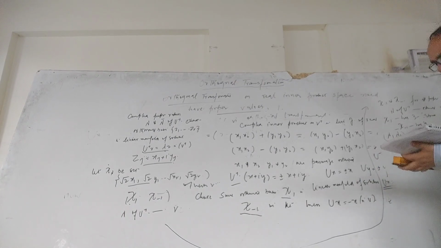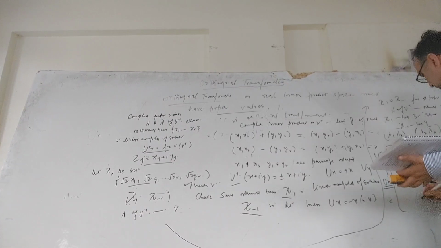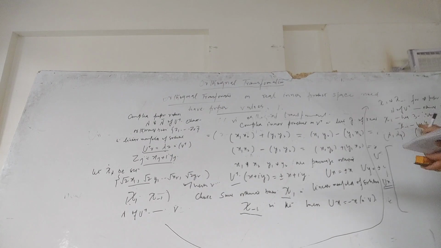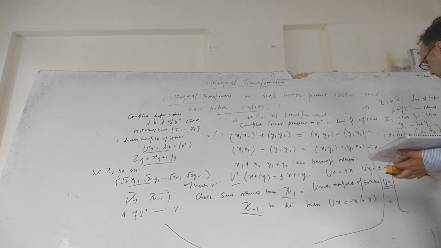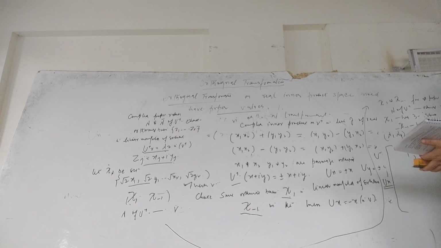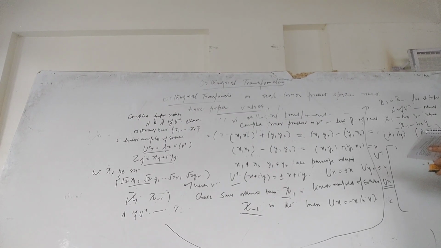The matrix can be constructed like this. The first has three elements: 1, 1, 1. The other has the fourth element, minus 1, minus 1, minus 1, minus 1. Then you can have these values alpha 1, minus beta 1, beta 1, alpha 1, and then alpha 2, minus beta 2, beta 2, alpha 2.